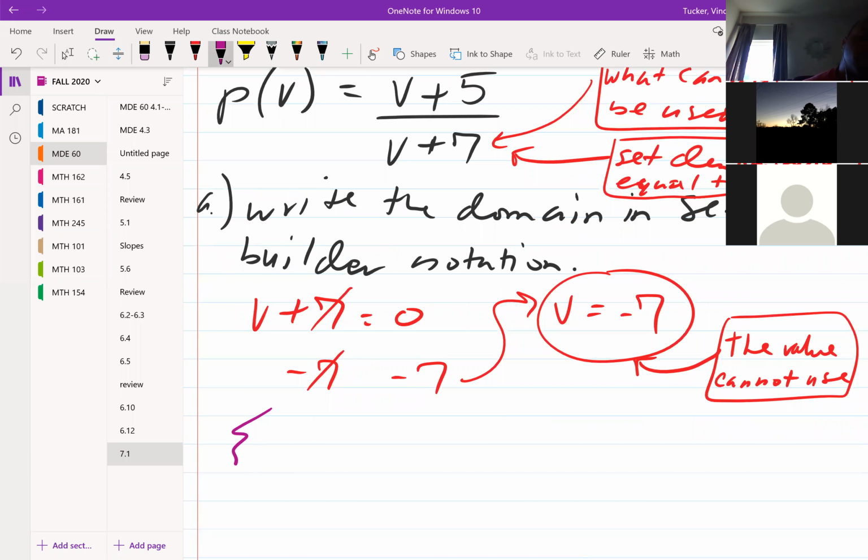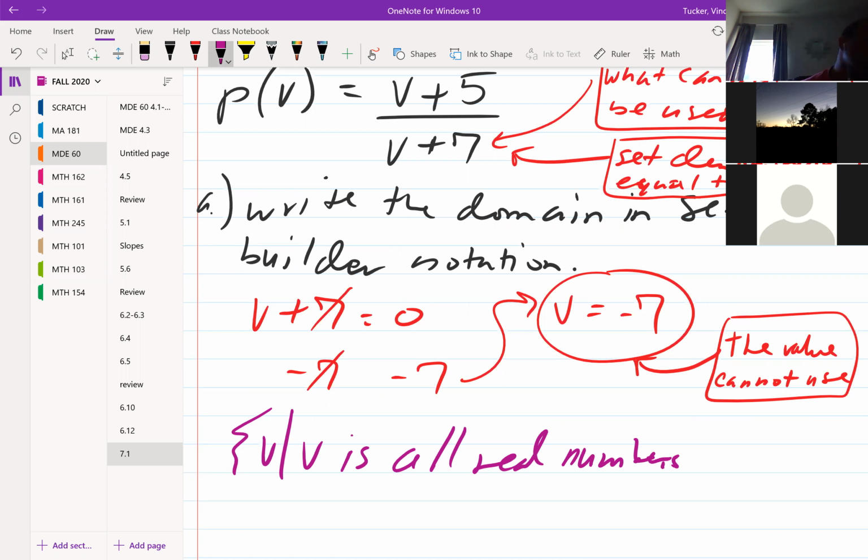You start off with your braces, the V, use this long bar, V, all real numbers. So that's how you would do that set builder notation.